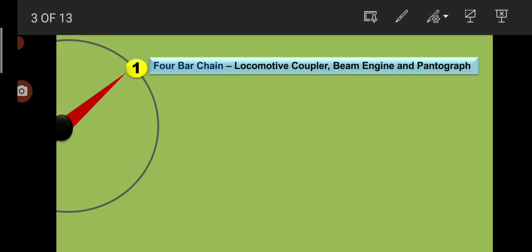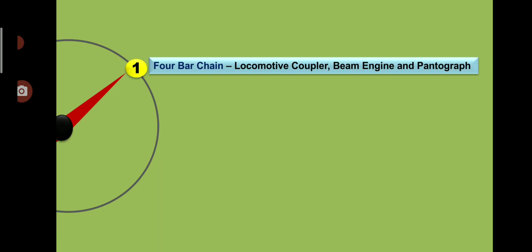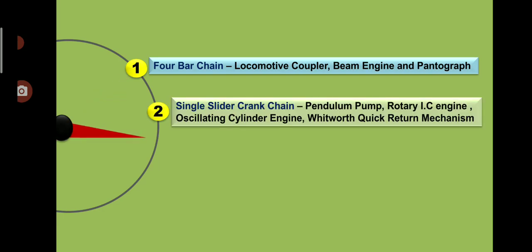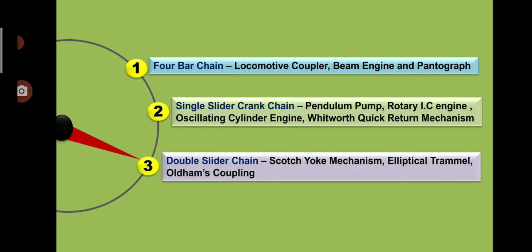So the first inversion is the 4-bar chain, and in that you will study the structure of locomotive coupler, beam engine, and pantograph. Second one is single slider crank chain, in which you will study pendulum pump, rotary IC engine, oscillating cylinder engine, and Whitworth quick return mechanism.